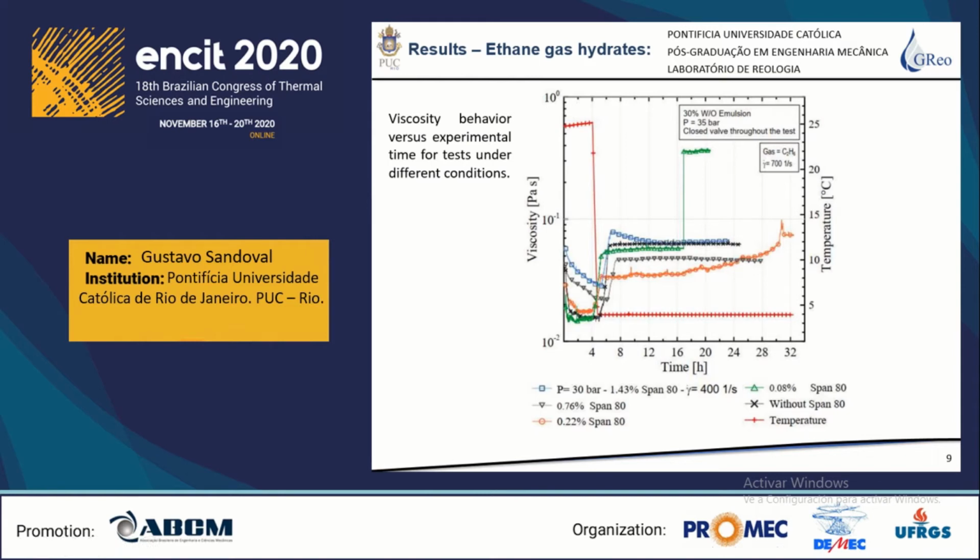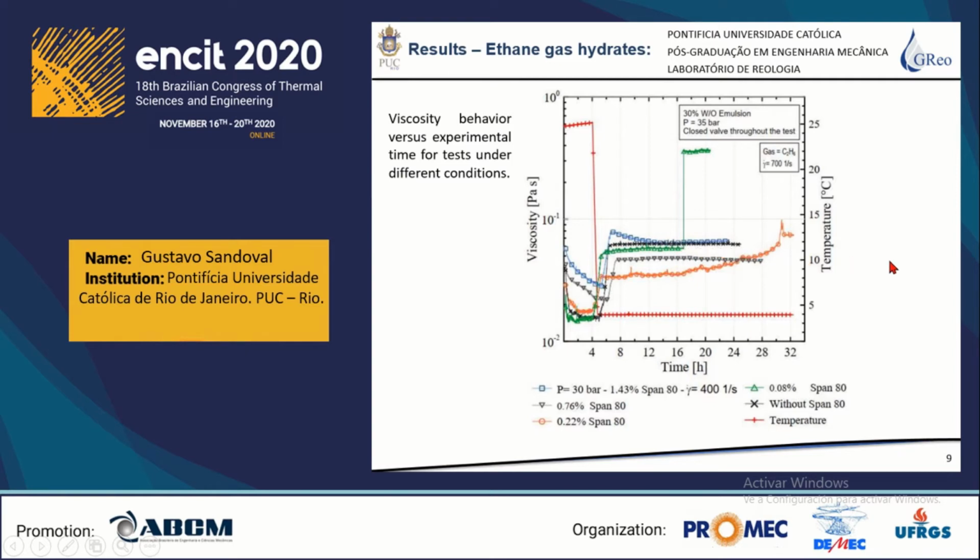Finally, another experiment was conducted without Span 80. This system is known as a non-emulsified system because it does not have surfactant, and as observed in the black curve, hydrate formation also was not observed.